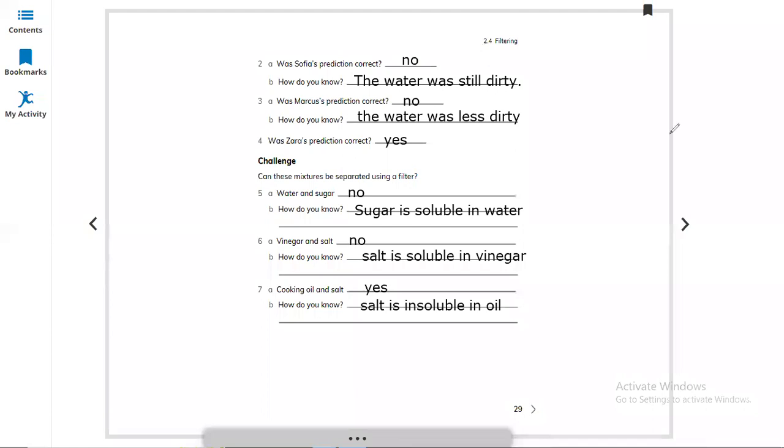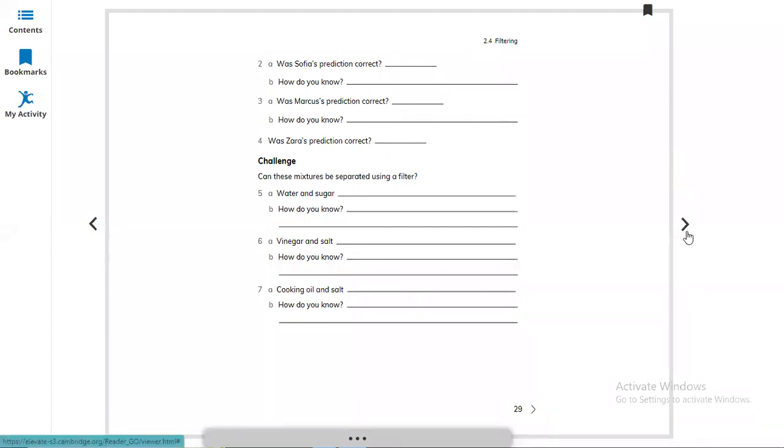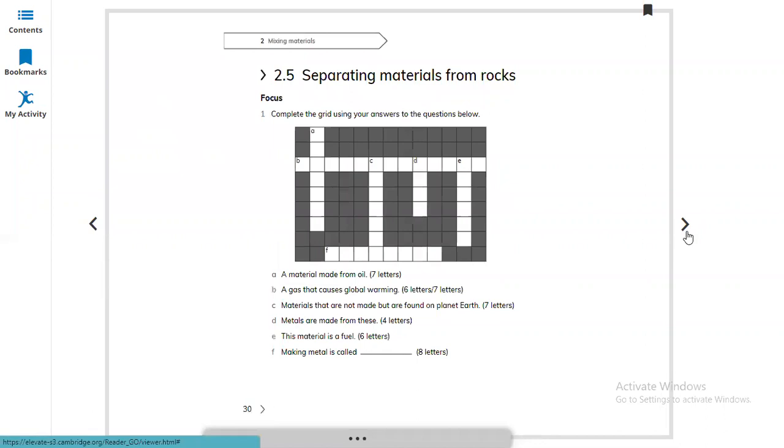Next page. Page number 30. Lesson 2.5, separating a material from rocks. Complete the grid using the answer to the question below. A material made from oil, 7 letters.